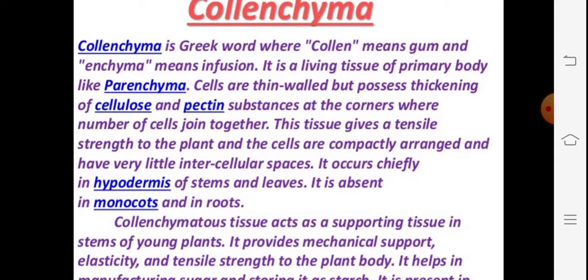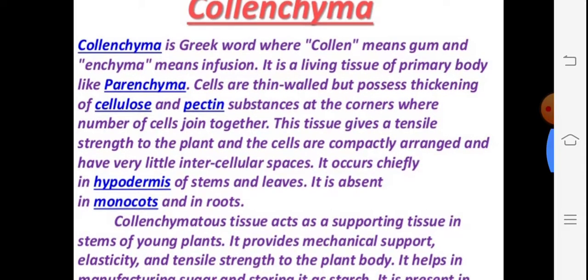In Greek, collen means gum, and enchyma means infusion. So it is supposed to be a living tissue in the plant, generally with cellulose and pectin, and it gives tensile strength to the plant. Therefore it is generally present in the hypodermis, below the epidermis.